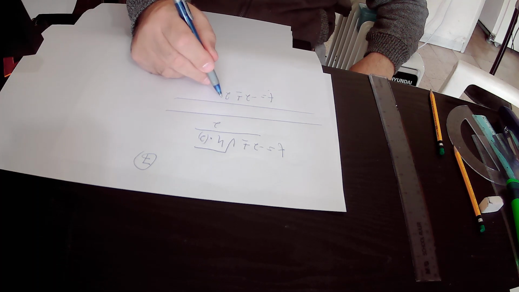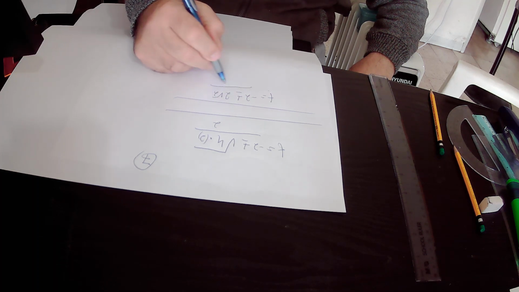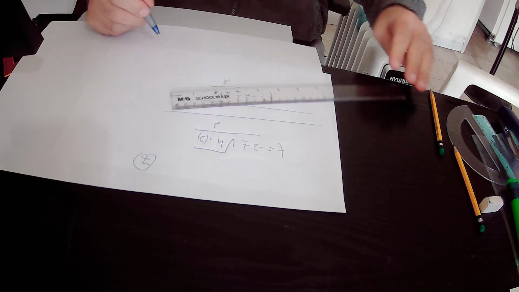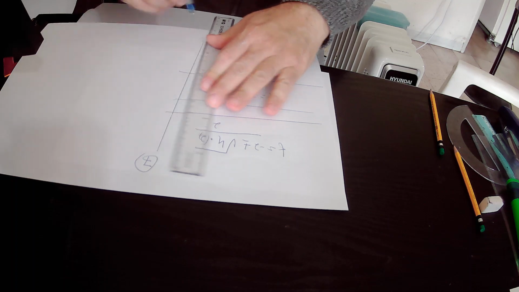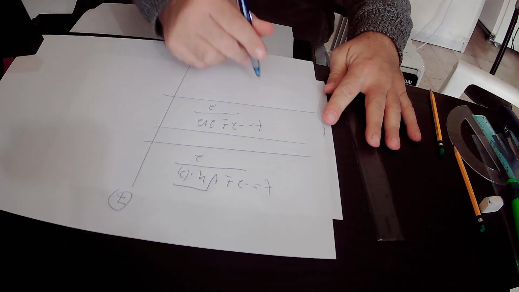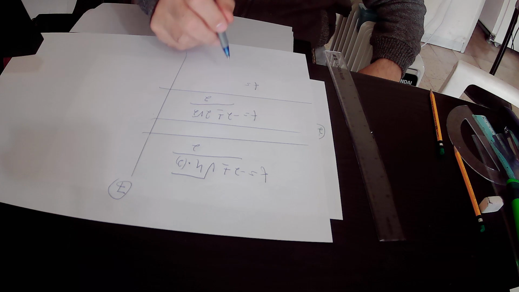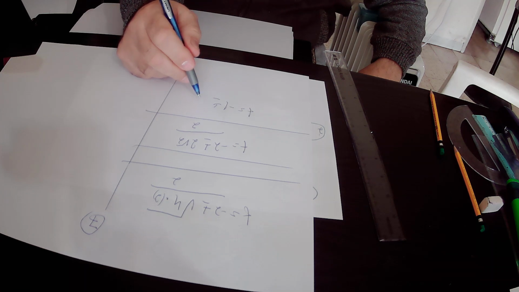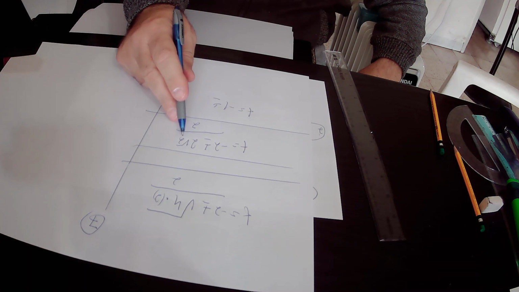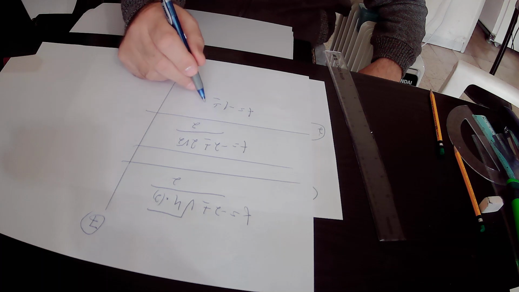So it is 2 times square root of 2 over 2. So t equals minus 2 over 2 is minus 1, plus minus 2 over 2 is 1. So in total, this expression equals square root of 2.